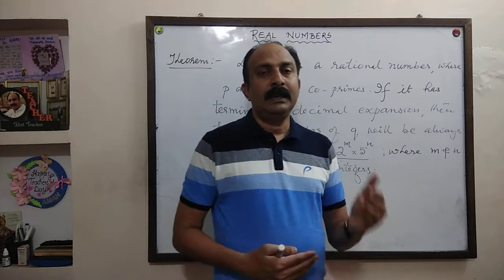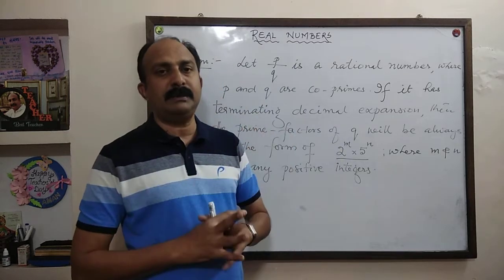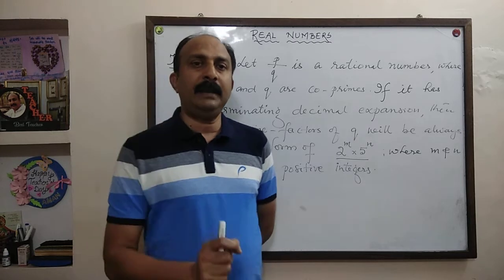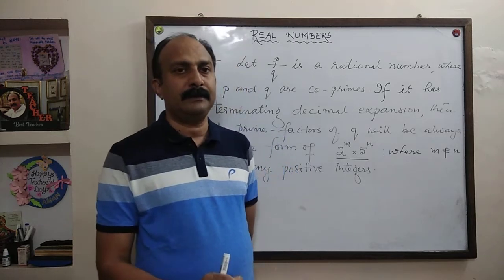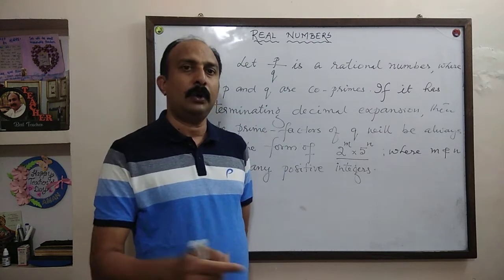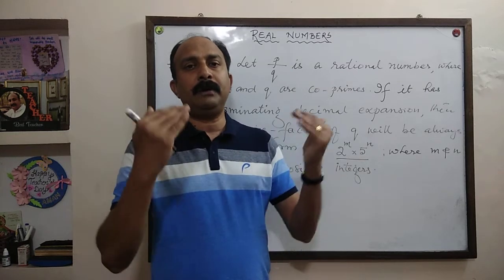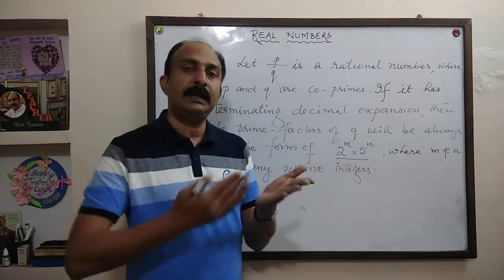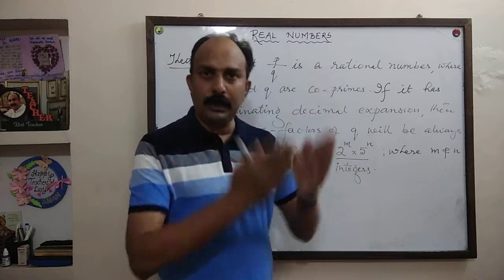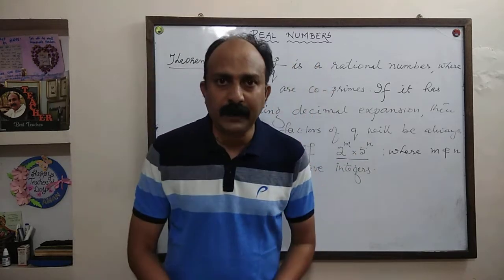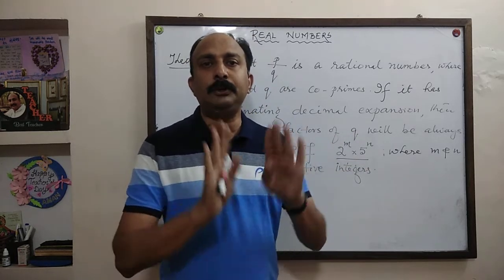I repeat, if a rational number p upon q has terminating decimal expansion, then the prime factors of its denominator q will always be 2's or 5's or both 2's and 5's. 2 power m into 5 power n means any number of 2's and any number of 5's. It can be only 2's or only 5's or both 2 and 5. But nothing other than 2 and 5.